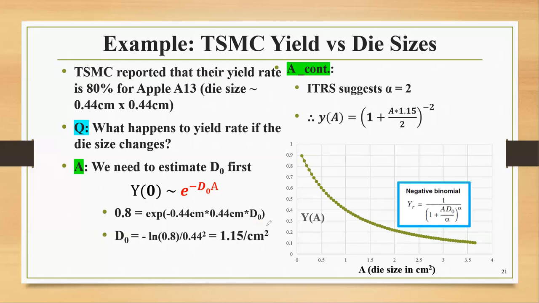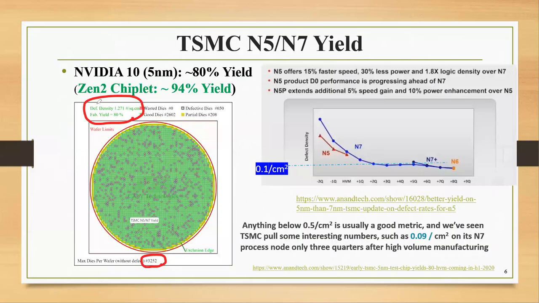D0 is just the constant that we're going to put into the negative binomial. Then you can see that D0 is 1.15 per centimeter squared. Compared with the defect density reported by TSMC, 1.271, it's not too far away.